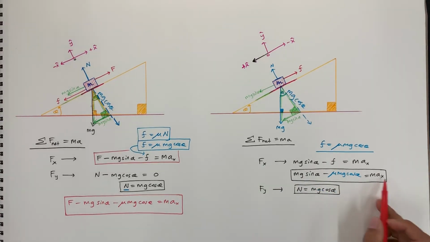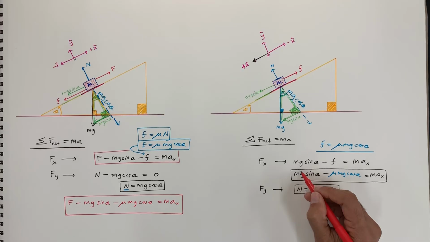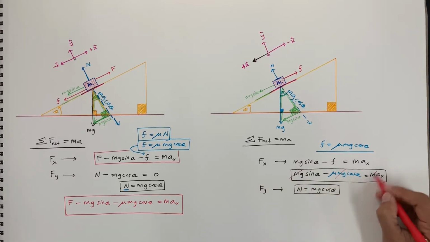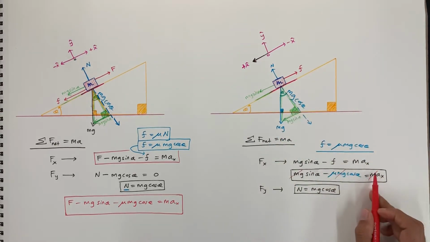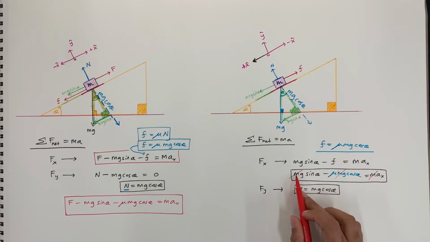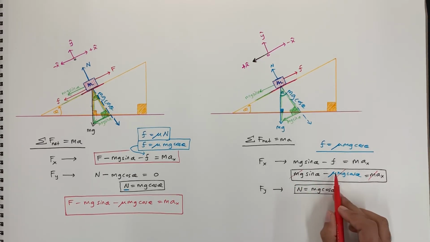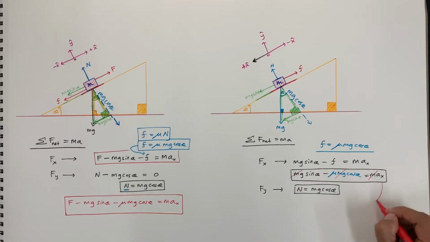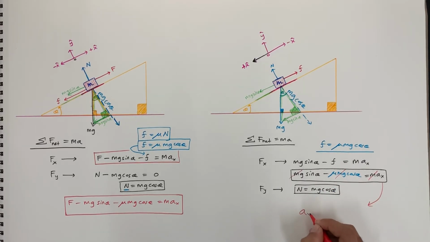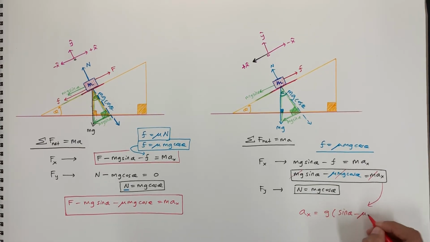And in this problem, we can actually get rid of all the masses because we're only dealing with one object, and so all the masses are the same. So we just divide by mass, right? This is mu, which is the coefficient of friction. And so if we rewrite this, now we have acceleration in the x direction is g, we could pull a g out from both of these terms, and we have sine theta minus mu cosine theta.